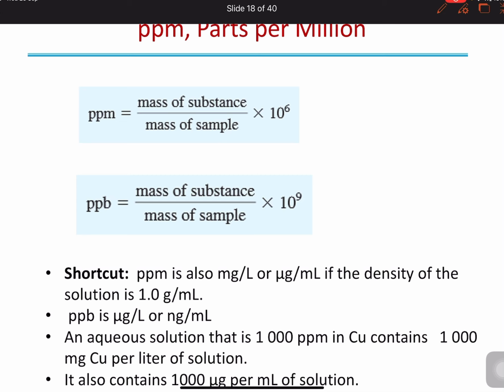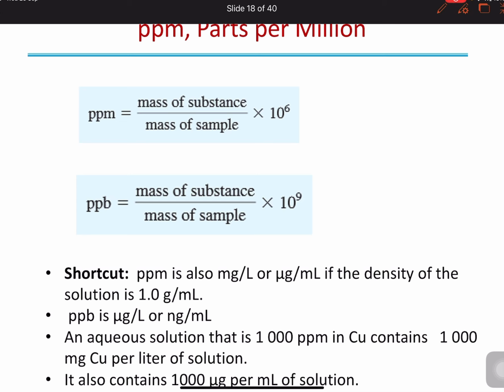But if we are talking about aqueous solutions where we are using water and there are very dilute solutions, then we can consider the density equals 1, and instead of using gram we can use milliliter and liter for the solution.